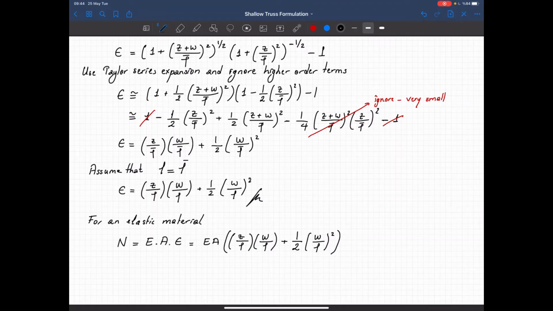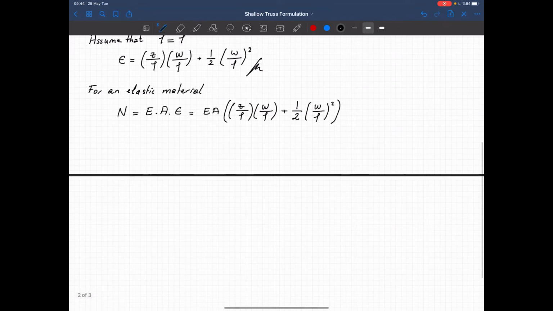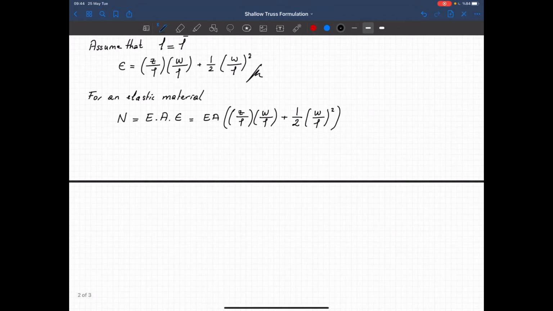Then our force displacement relationship will be as follows.